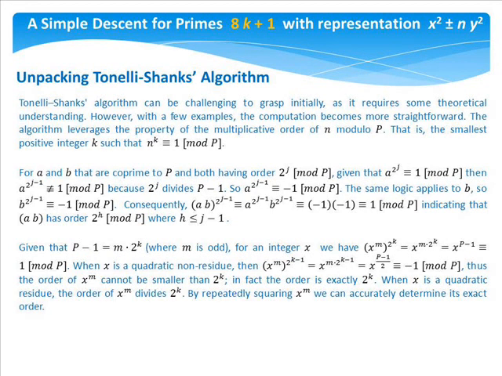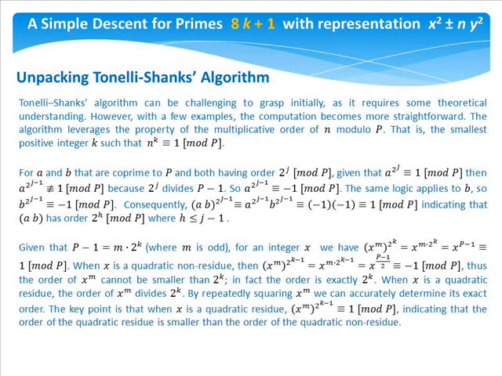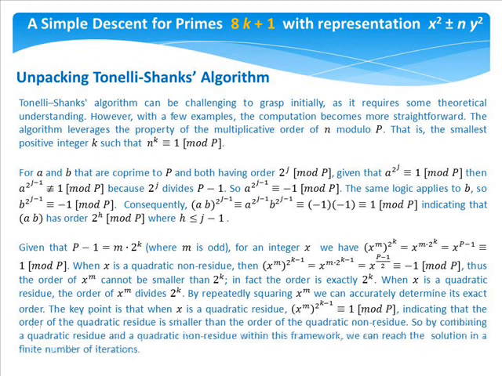When x is a quadratic residue, the order of x^m divides 2^k. By repeatedly squaring x^m, we can accurately determine its exact order. The key point is that when x is a quadratic residue, (x^m)^(2^(k-1)) is congruent to 1 modulo p, indicating that the order of the quadratic residue is smaller than the order of the quadratic non-residue.